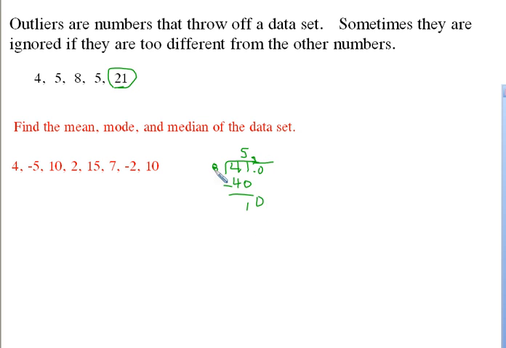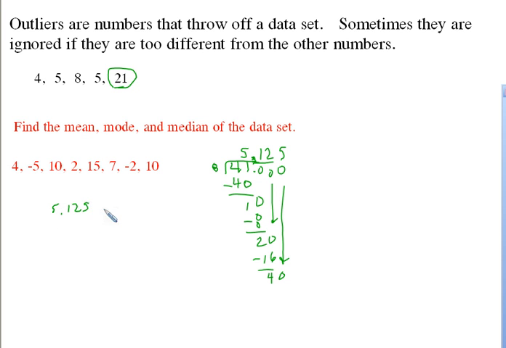Bring down a 0. 8 goes into 10 one time. Bring down a 0. 8 goes 2 times, so that's 16. It's going to be 5.125.